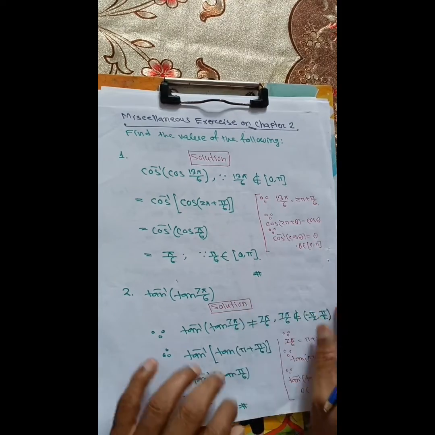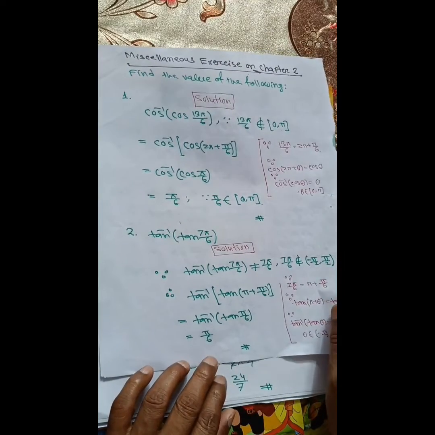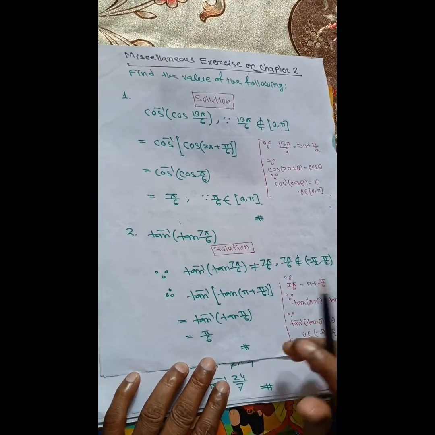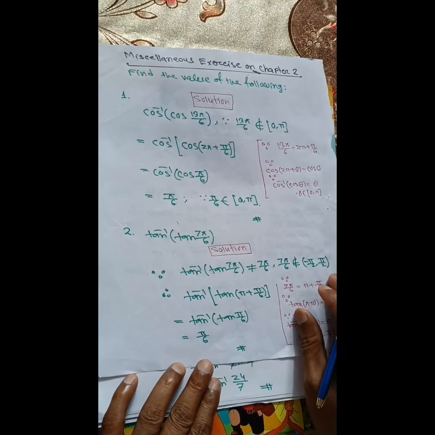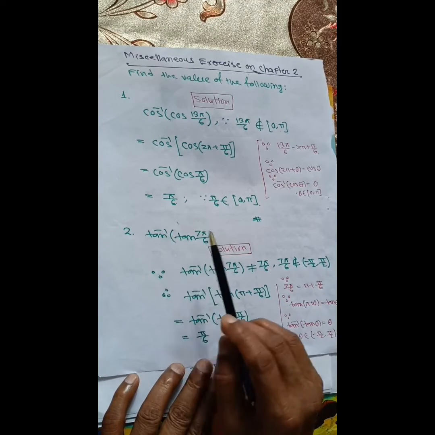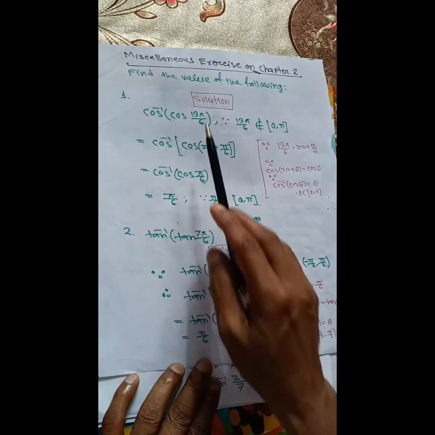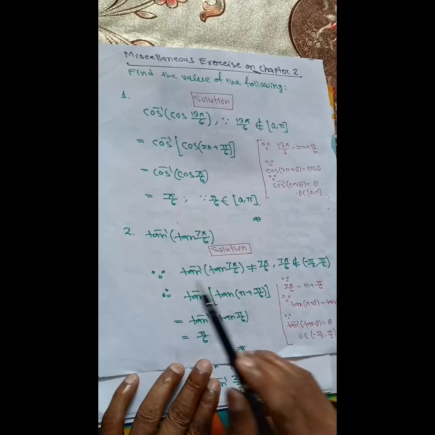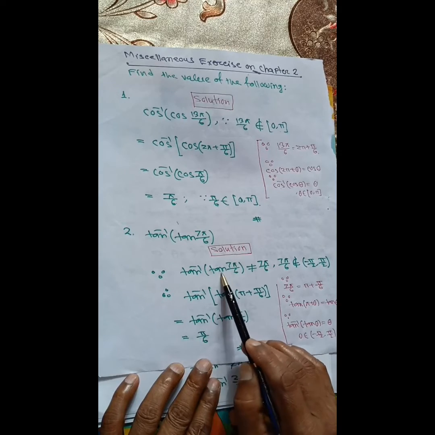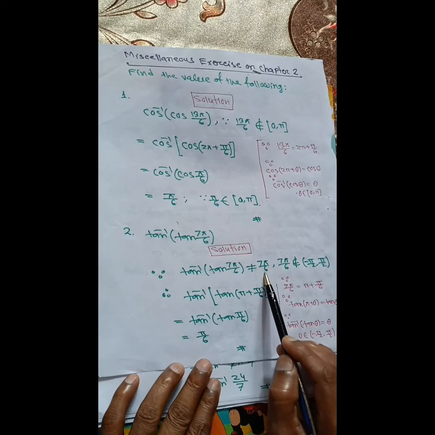Now we are going to discuss the second problem of the miscellaneous exercise chapter 2. In the second problem, it is given that tan inverse tan 7 pi by 6. Same type of question. Tan inverse tan 7 pi by 6 is not equal to 7 pi by 6.